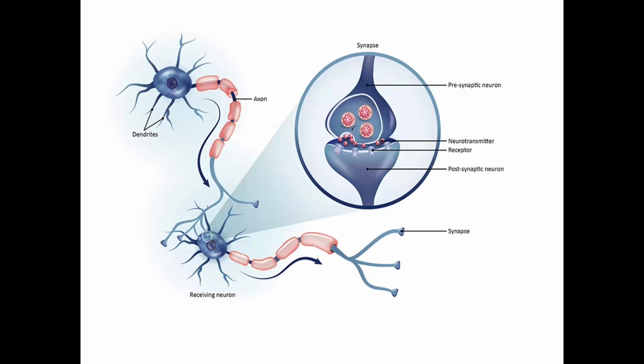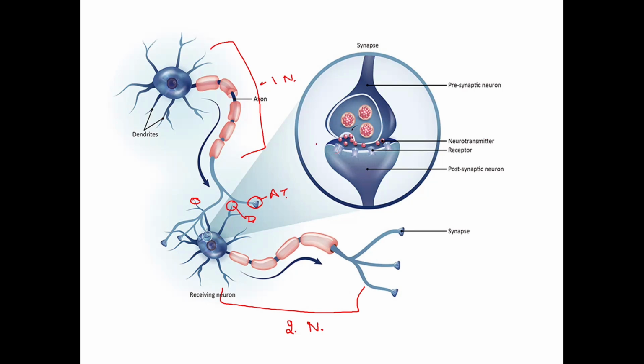Look at the figure. In this image, this is one neuron. It is connected with another neuron, and the connection takes place between the axon terminal and the dendrites, sometimes on the cell body.